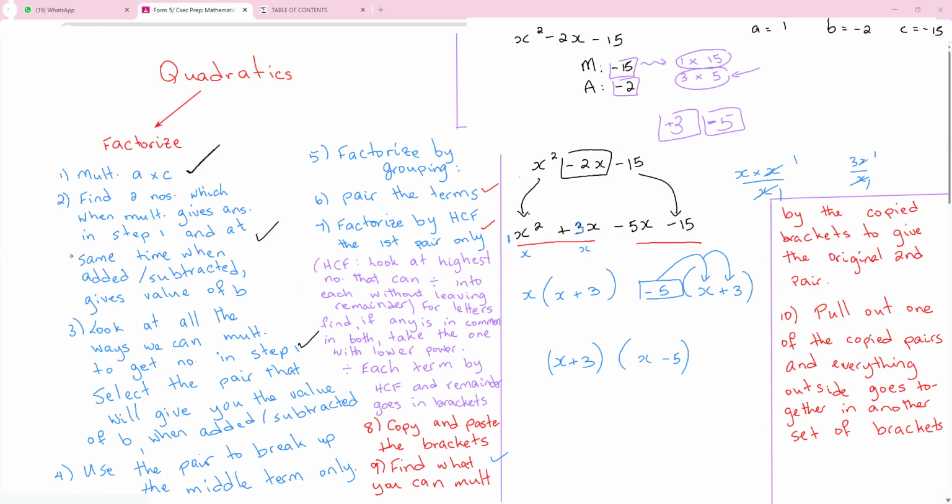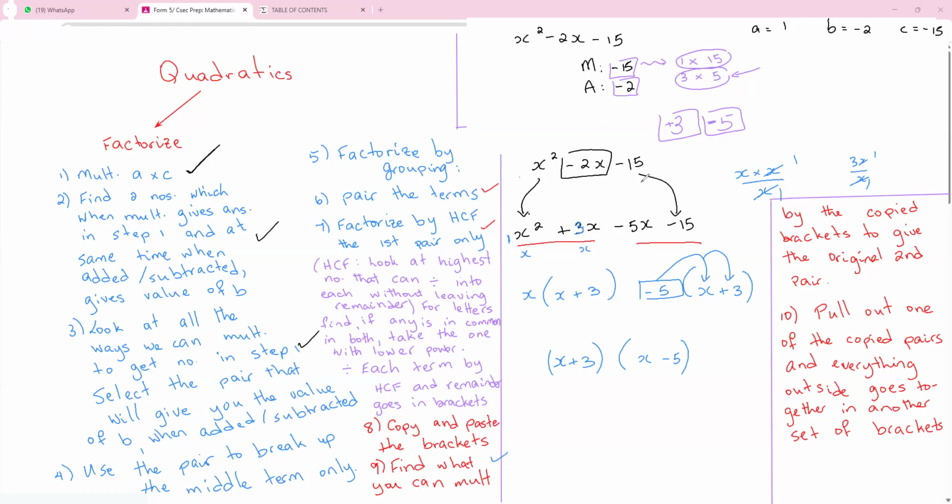Now, they may tell you factorize and hence solve. If they tell you factorize and hence solve, it means that you're going to use where you got up to so far in order to solve a quadratic.